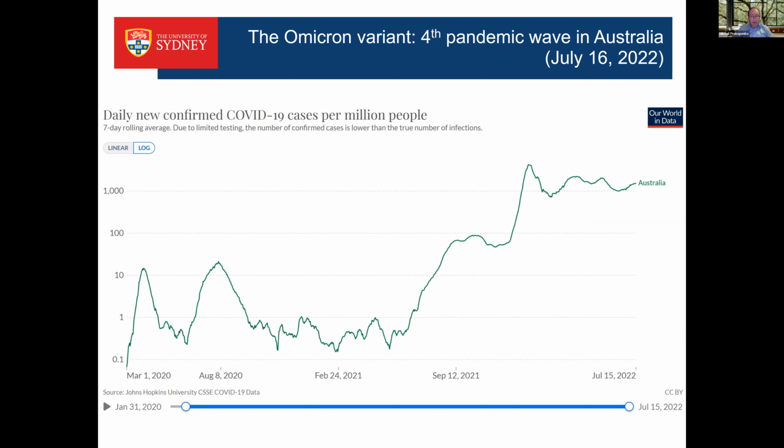You see pretty much the same three waves here, and then the Omicron wave, which continues to unfold in Australia, and now it's winter in Australia, obviously. Whether it's seasonal or not, I wouldn't dare to say, but I doubt it.